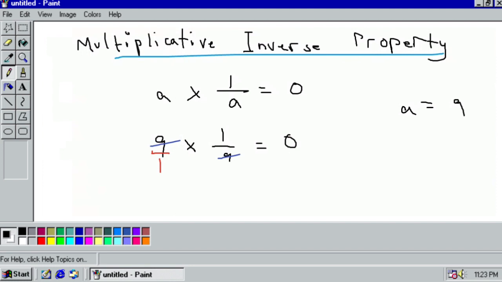Actually, no, this should equal 1. a times 1 over a should be equal to 1. Sorry, I was wrong. So 9 over 9 is 1, and that is equal to 1. So that is the multiplicative inverse property.